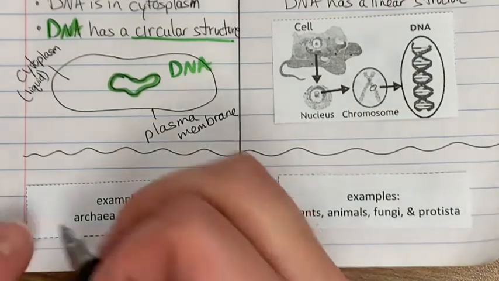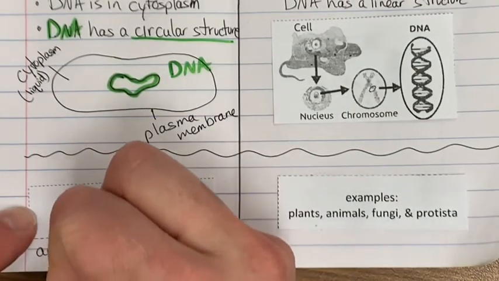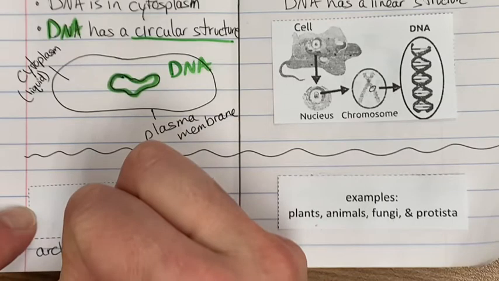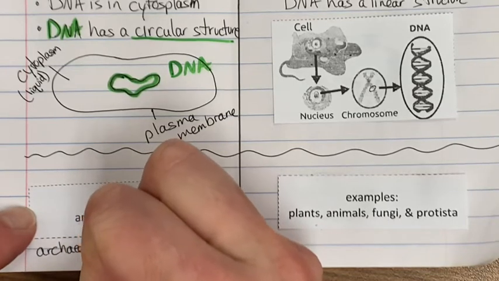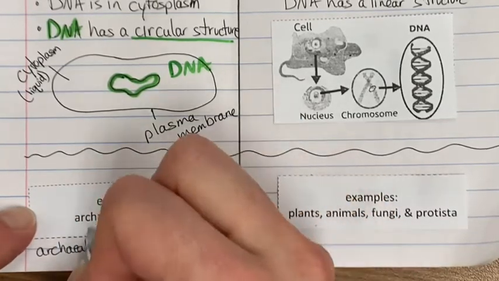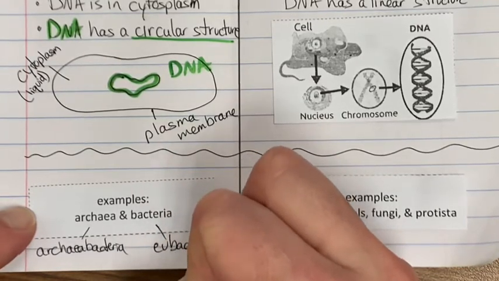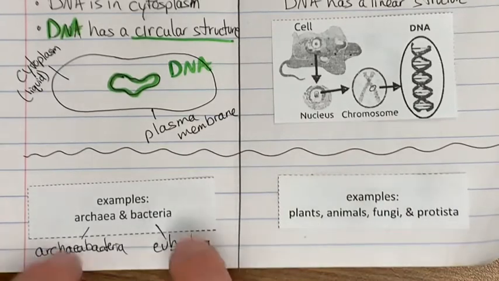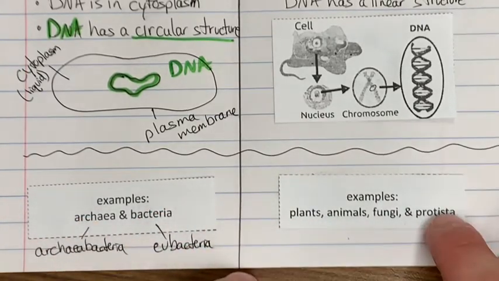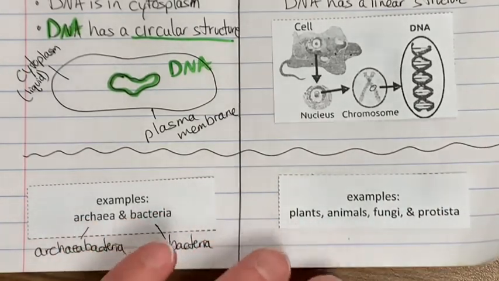Remember, archaea can also be called archaebacteria. And bacteria can also be known as eubacteria. All right, those are the kingdom names, those are the domain names. These are all the kingdoms within the domain Eukarya.